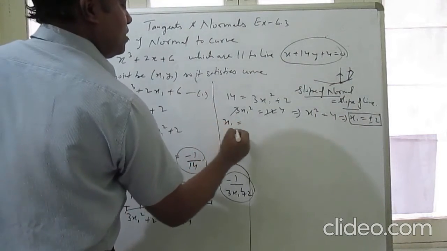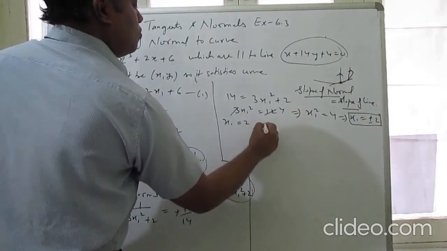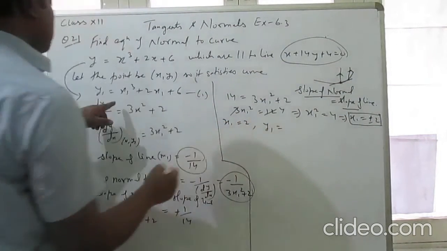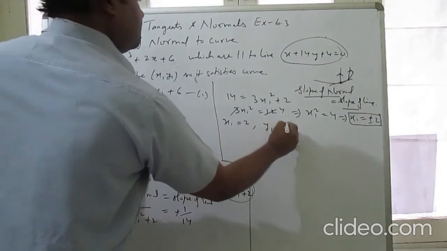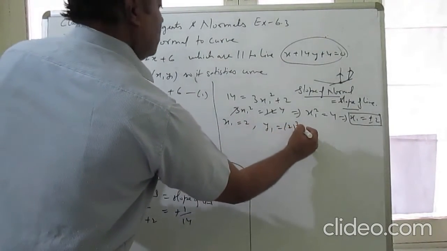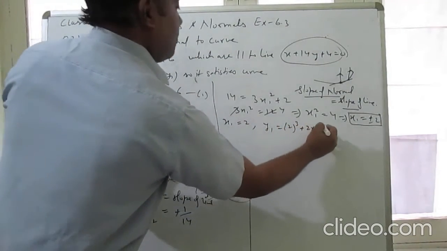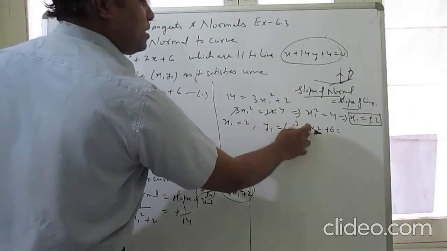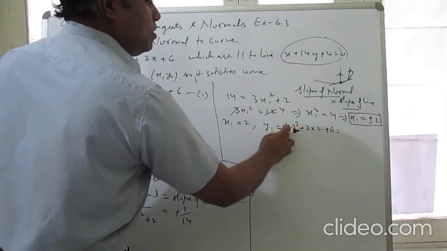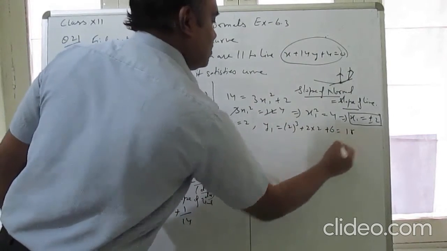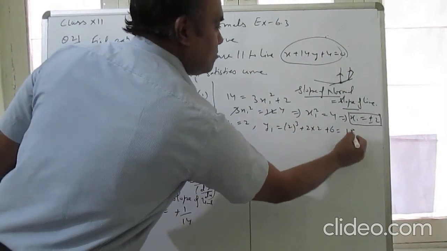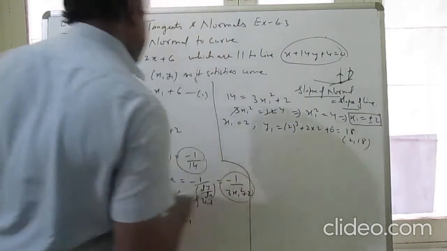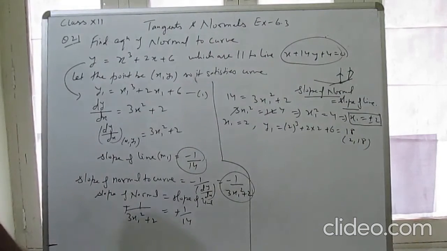If I take x1 is equal to 2, this implies y1 is equal to 2 cube plus 2 into 2 plus 6. It becomes 8 plus 4, 12, plus 6, 18. So y1 is equal to 18, and the point becomes (2, 18).